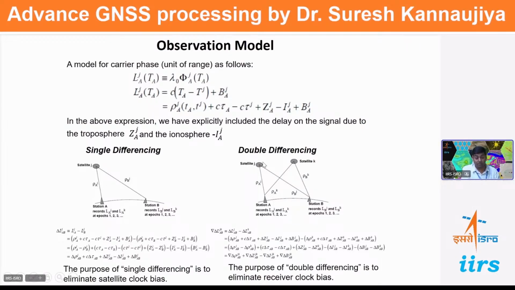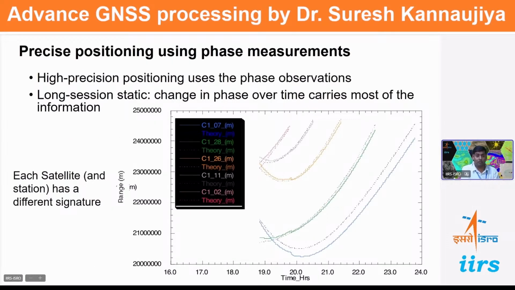But in double differencing, we use two satellites as well as two ground stations. And this is the modeled and real-time estimate of the PRN and frequency information. You can see how accurate it is, with very, very little deviation. This information is provided by MIT, USA.